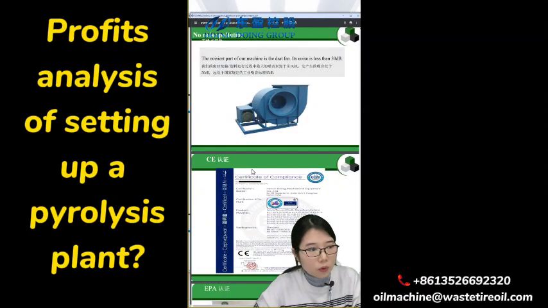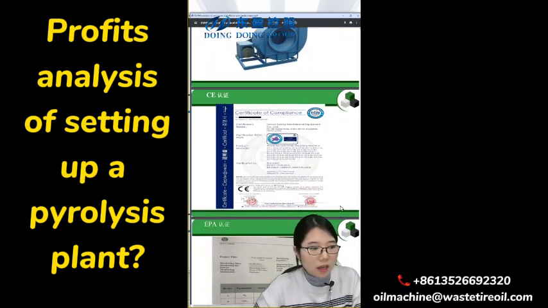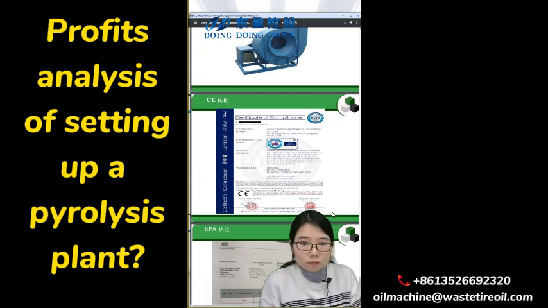Our machine also has many certificates, like CE, ISO, and EPA certificates. If it's your first time importing our machine, you don't need to worry, because we have rich experience to help you get the certificates that your customer may require. So far, we have exported our machine to more than 90 countries and regions.